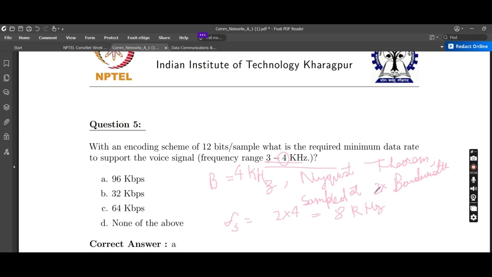So if there are 8,000 samples in a second and 12 bits per sample, what is the bit rate? You simply multiply these two. Bit rate is sampling rate into bits per sample. So there are 12 bits per sample and 8k samples per second. So 12 into 8 is, I suppose, 96 kbps. So the required data rate is 96 kbps. The correct option is A.